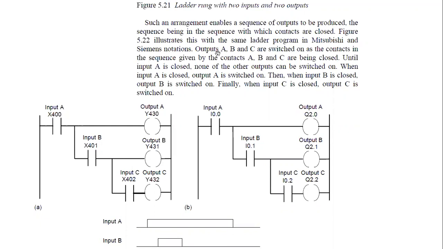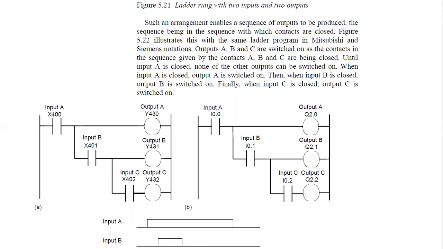Yes, Guru. When X400, that is input A, is closed, and then input C is closed, but input B is open, there will be no output at C. Yes.